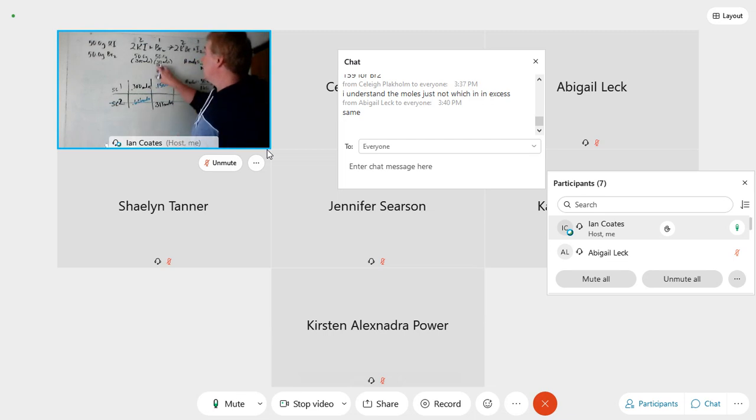I had 0.313, and I'm only using 0.150. So hopefully you guys can see that there. 0.163 moles of Br2 are in excess.